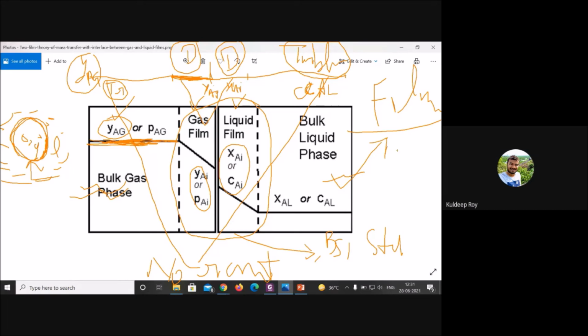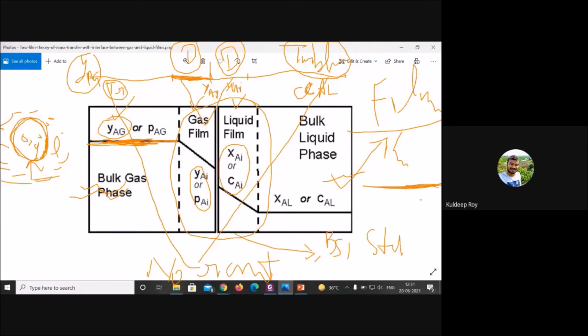Just note down all the points which I have discussed. According to this theory, for the fluid under turbulent flow, a crucial amount of mass transfer will occur due to diffusion. Means let the liquid remain turbulent, but there will be mass transfer due to diffusion. Just keep this in your mind.